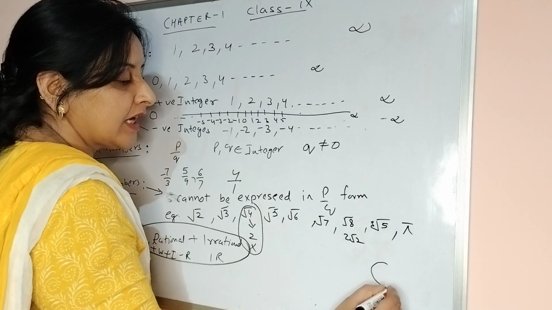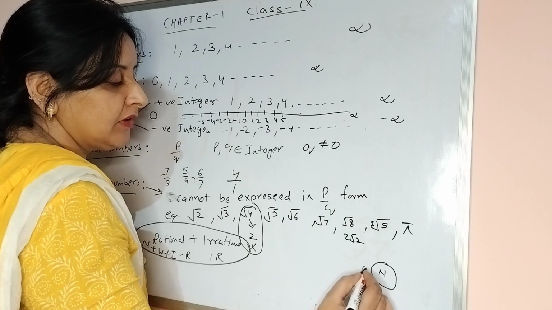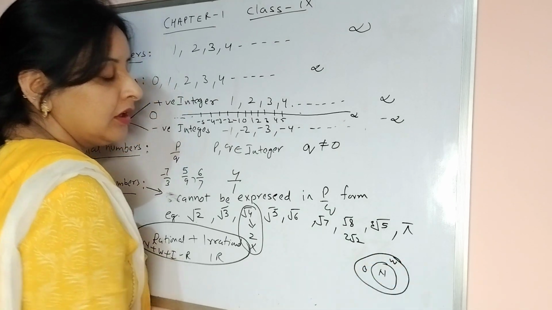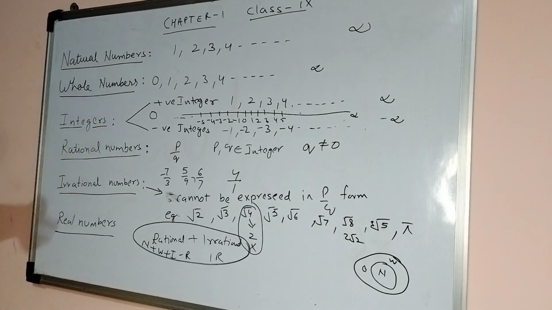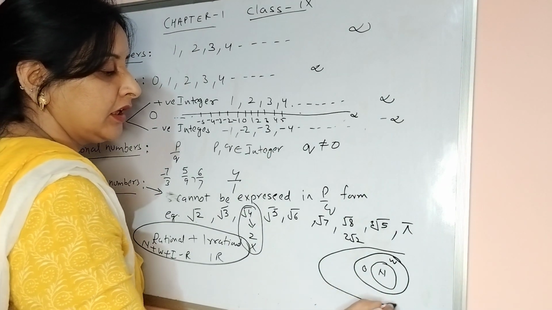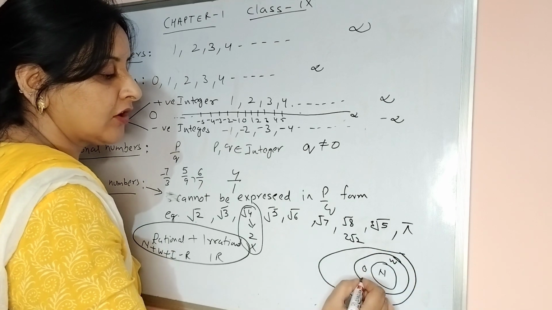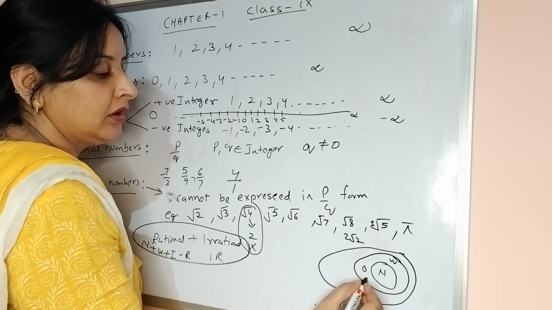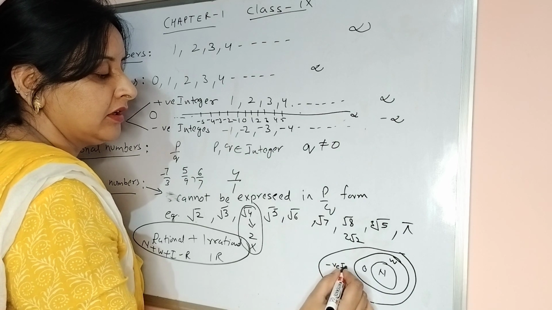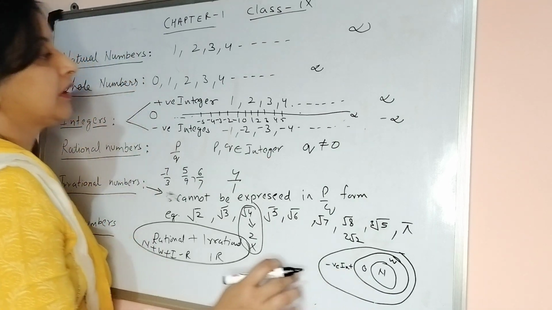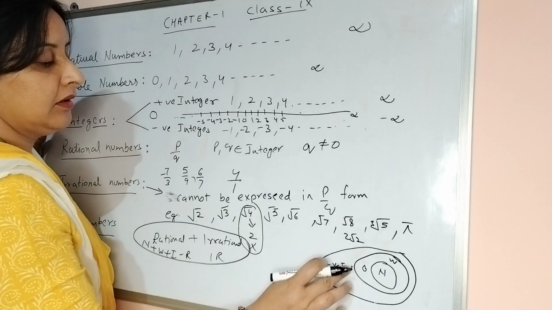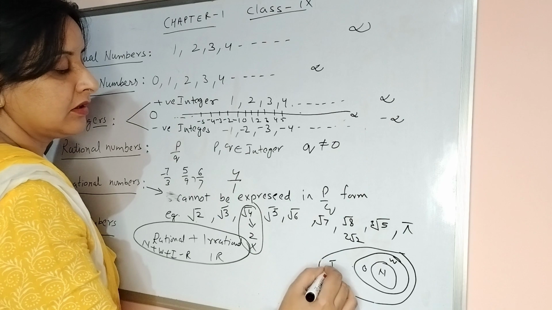if it is a natural number and we add 0 to it, it becomes a whole number. And if we add negative integers to it, these being all positive integers, 0 and all the natural numbers, it becomes the set of integers.